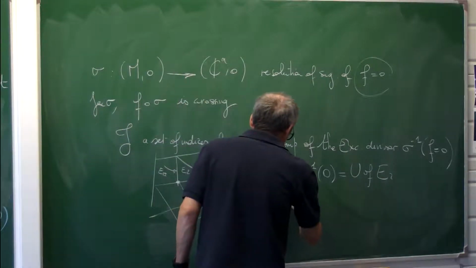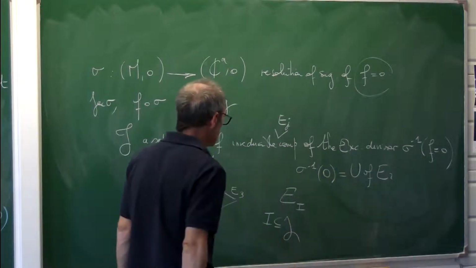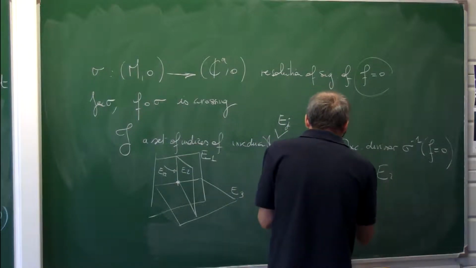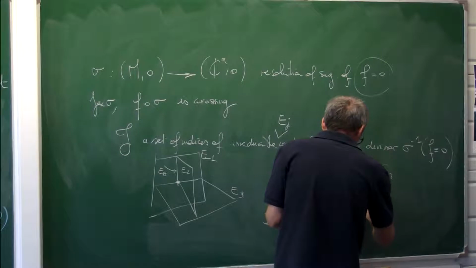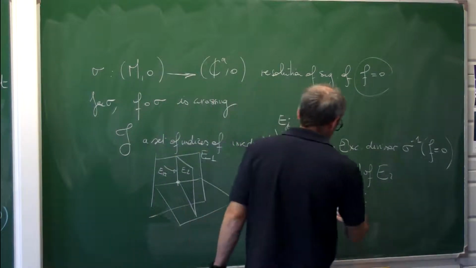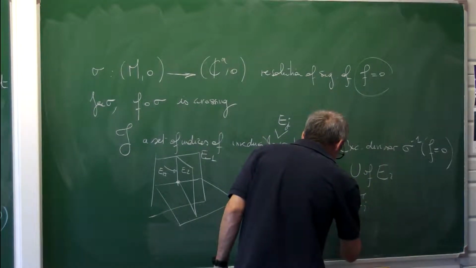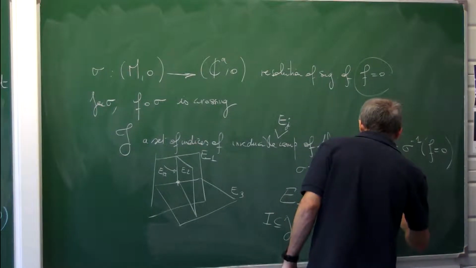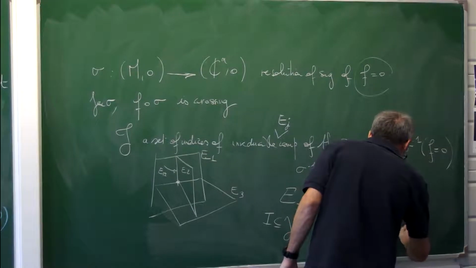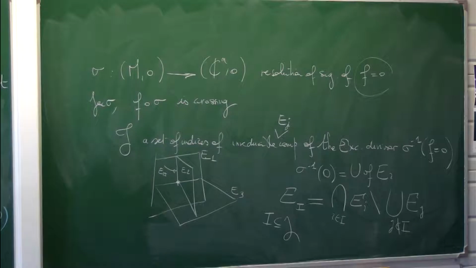So for a set of indices I in J, I denote by EI the intersection of the highest dimensional components in the exceptional divisor, and I subtract the union of the others. Same notation as Michel.